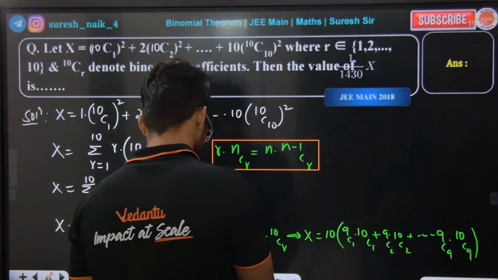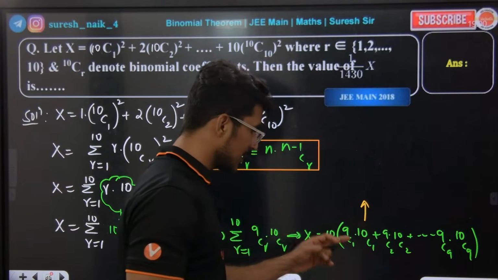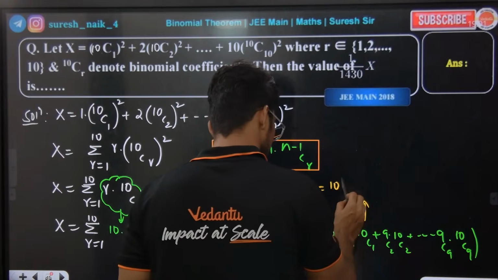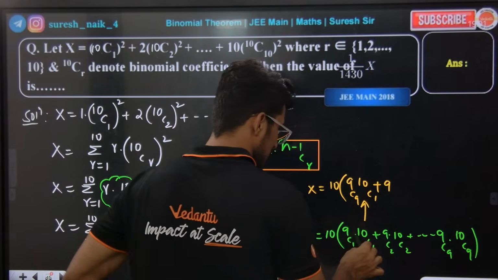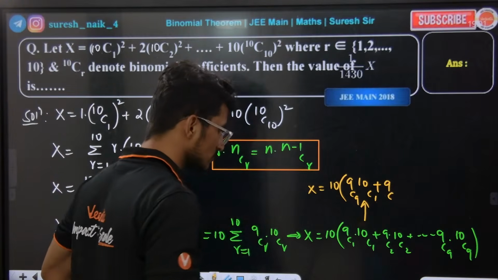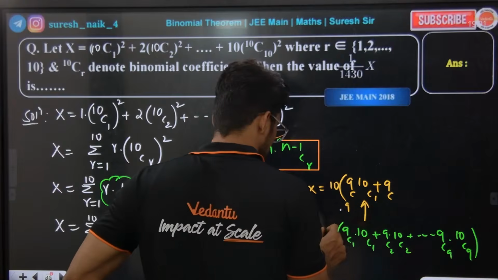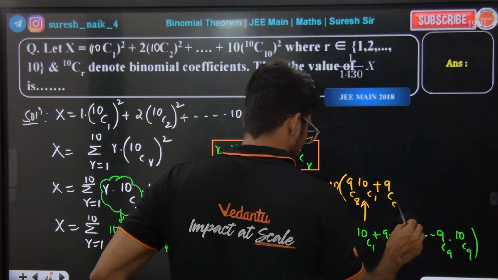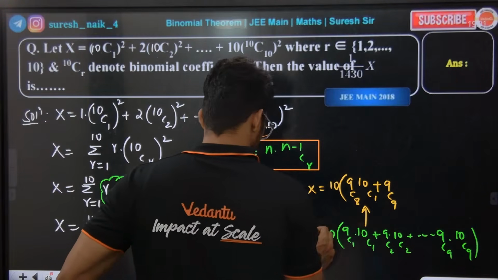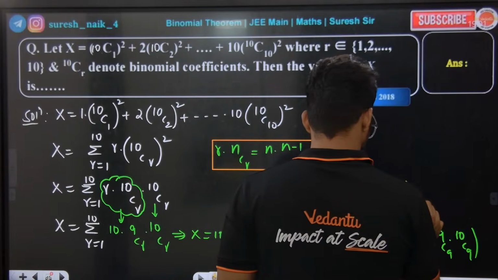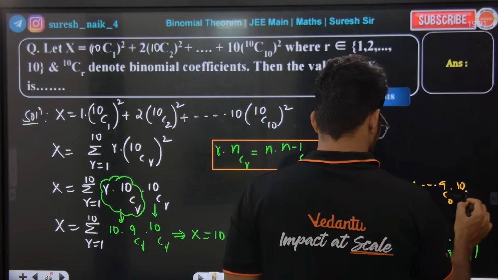It is not constant. Now I am converting it to apply the binomial series. How? X is equal to 10 as it is, 9C1 I will write as 9C8, 10C1. Then 9C7 with 10C2, and so on, up to 9C0 and 10C9.